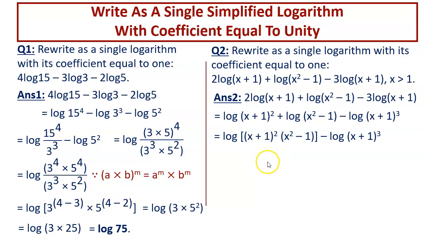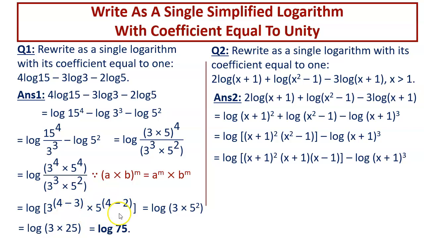So x squared minus 1 can be written as x plus 1 times x minus 1. That is why I had said that you will be requiring some knowledge on exponents. This is one of the laws of exponents, and also this one I have not written the law. It is a raised to the power of m divided by a raised to the power of n equal to a raised to the power of m minus n.